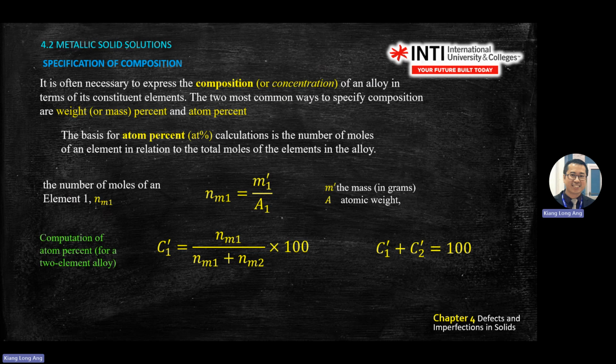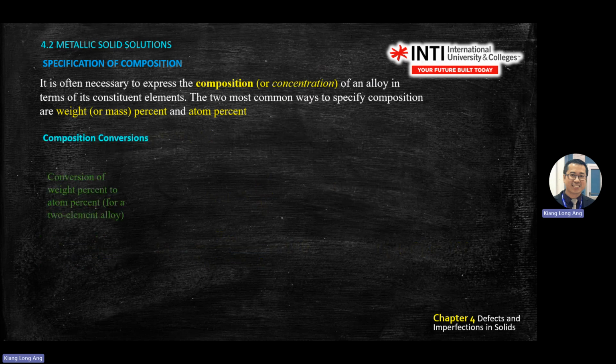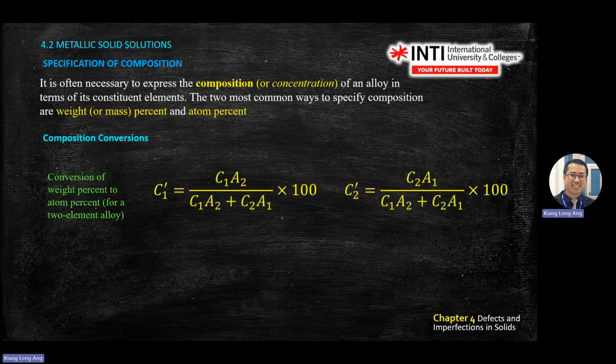Sometimes the question straight away gives you WT, and you need to convert to AT to calculate how many moles of that material you need to pour inside the solution. So there's a conversion there. This conversion, again, I need to stress, is for 2 elements only. You cannot use this formula for more than 2.